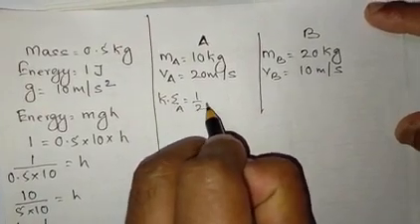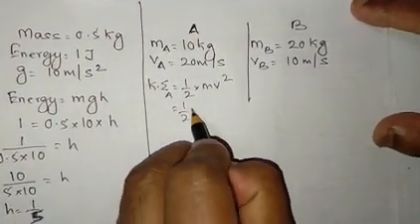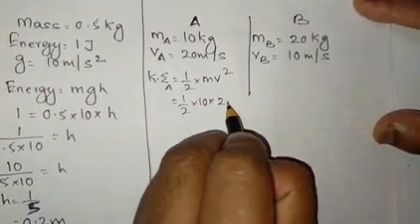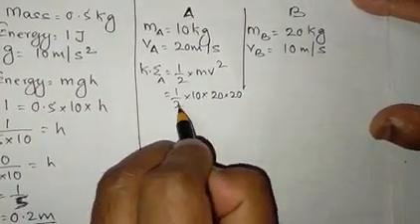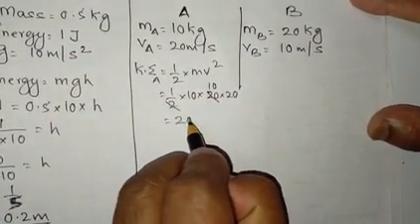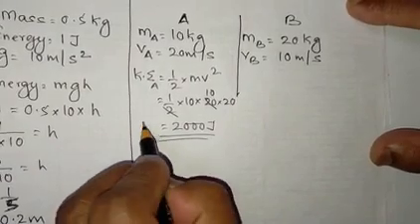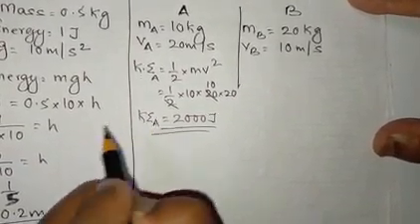Kinetic energy is half into mv square, that is half into 10 into 20 into 20. That will give me 2000 joules, the kinetic energy at A, the initial kinetic energy.